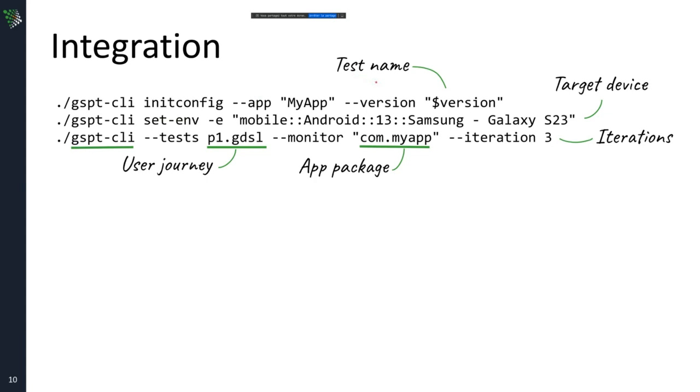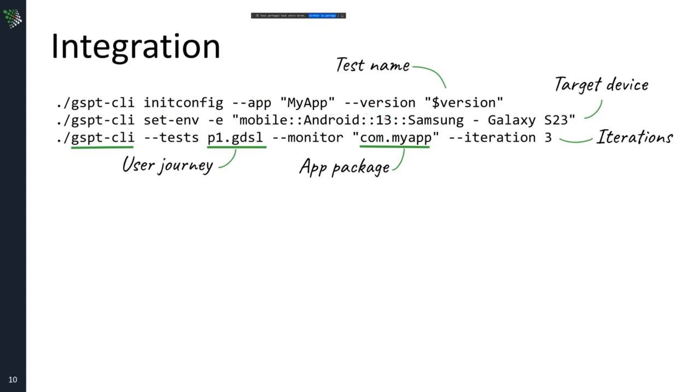You will also define the target that you want to deploy to. So here you can decide between Android or iOS. You can decide the level of the operating system. You can decide which model exactly you want to use.